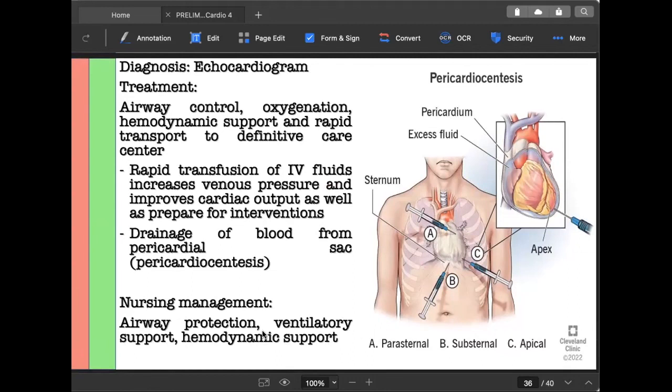And of course, there's going to be drainage of the blood from your pericardial sac, or your pericardiocentesis. It's because there's already a buildup of fluid or blood. We need to drain that in order for our heart not to feel drowned, and it can go on with its normal function.